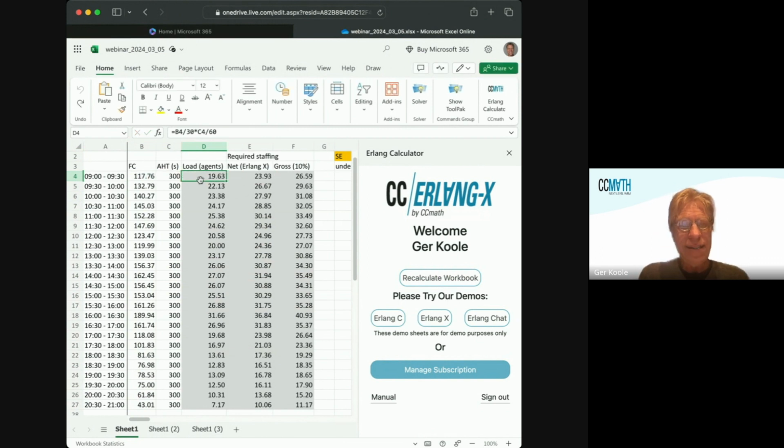As you can see, it's almost 20 in this interval. Of course, I copied these formulas. Then the next step is to translate that into required staffing and net required staffing, net workforce.